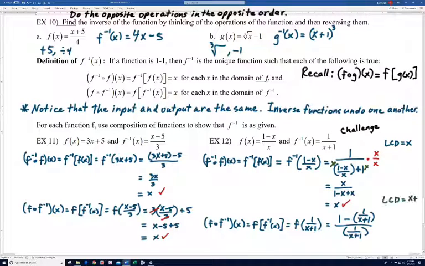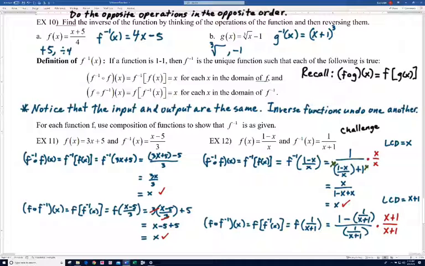Now notice this time our LCD is x plus 1. That, again, is our only denominator in the little fractions, this one here and this one here. So we're going to multiply by (x plus 1) over (x plus 1). Now in the numerator, remember, you're going to have to multiply the 1 by x plus 1 and also this here.